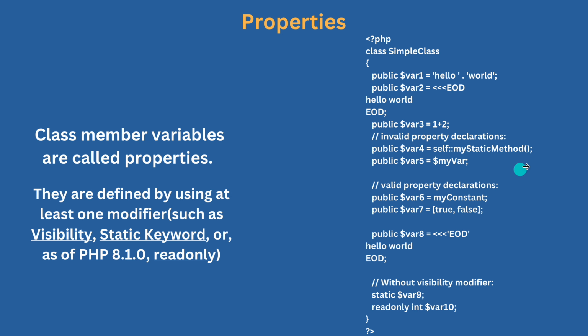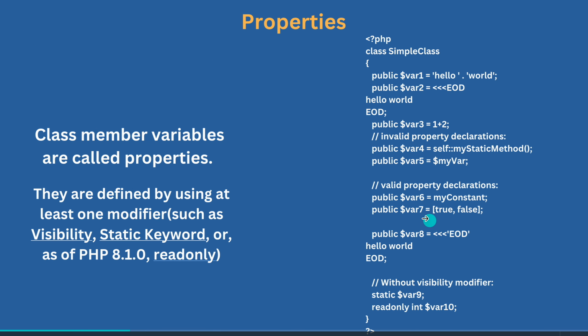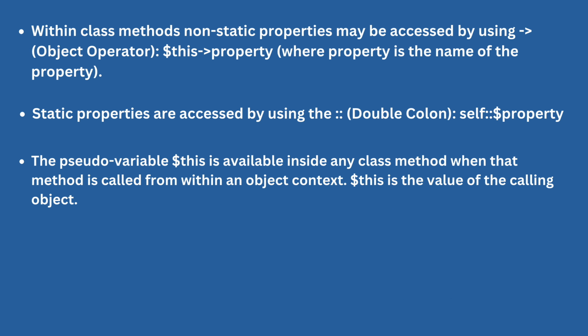This is an invalid property declaration. Also, if you're trying to assign some variable to another variable here, this will also give an error. Right, guys? Yes, sir. So this is the invalid declaration. Basically it's just giving some idea of what can be invalid.